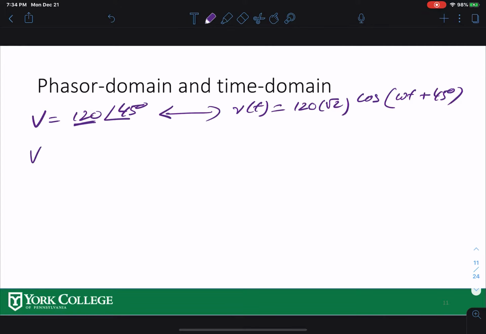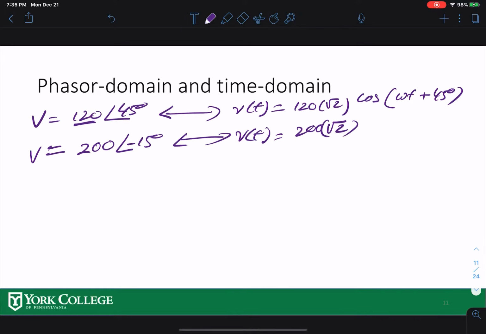If I have something over here, let's say V is 200 at negative 15 degrees, and I go back to the time domain for that one, it would be 200 square root of 2 cosine omega t minus 15 degrees.